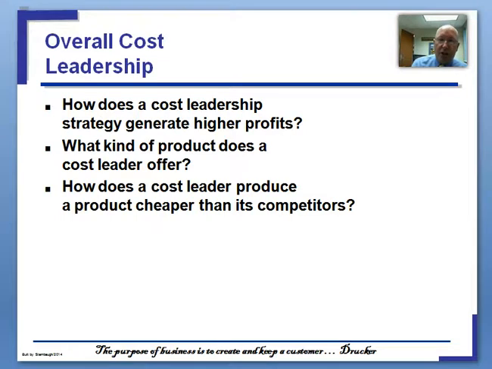So let's talk about a cost leadership strategy. How does a cost leadership or low-cost strategy work? Well, importantly, you don't necessarily have the cheapest product out there. It's a product that typically is considered on par, or it has the essential attributes that customers are looking for.